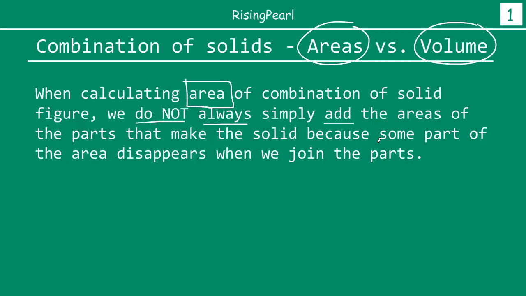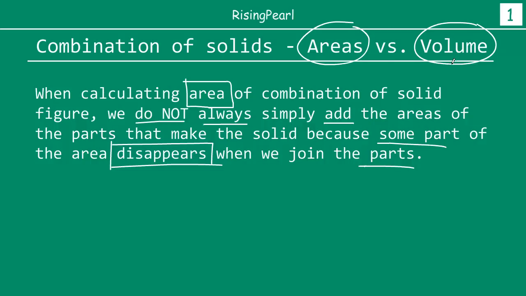Because some parts of the area disappear as we join the parts. So we do not simply add the areas of the individual components.